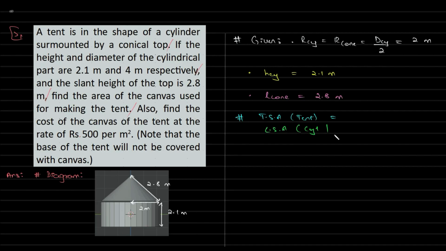So only that. So that's why it's curved surface area. Height is 2.1 meter and the radius is 2 meter, right? We'll be adding this with what? The cone. This too is curved surface area. There is no base, whose slant height is 2.8 meter and the radius is same.